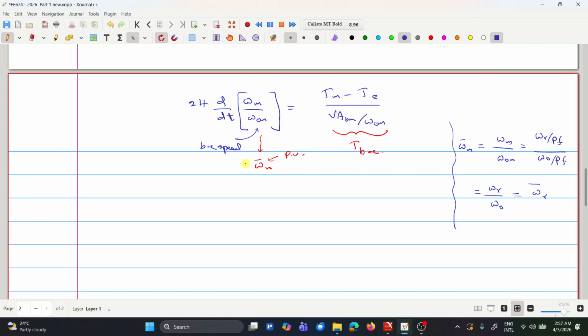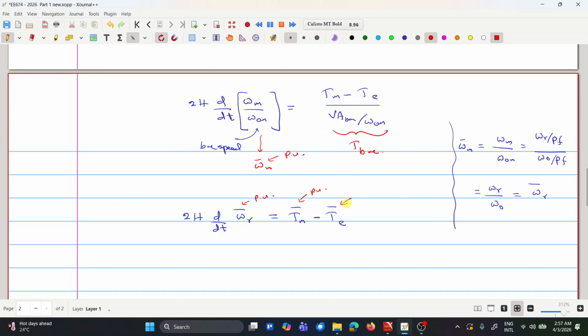Okay, so with that you can write this equation: 2H d over dt omega r in per unit is equal to Tm per unit minus Te per unit, right? So all these are in per unit.